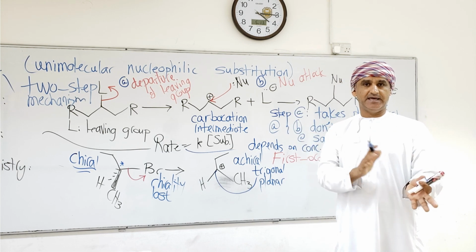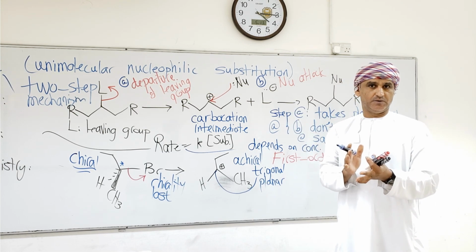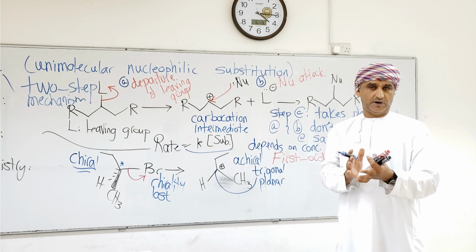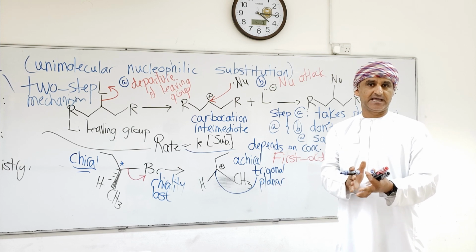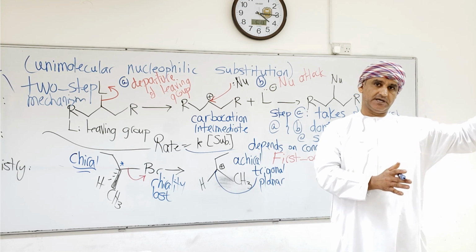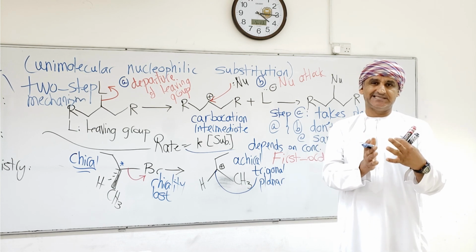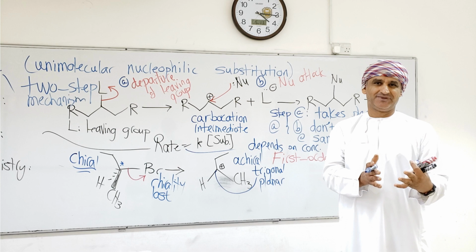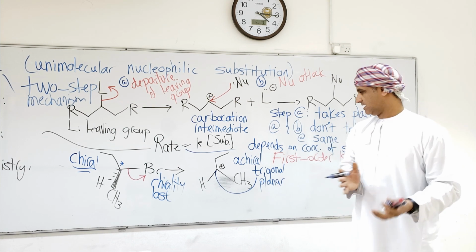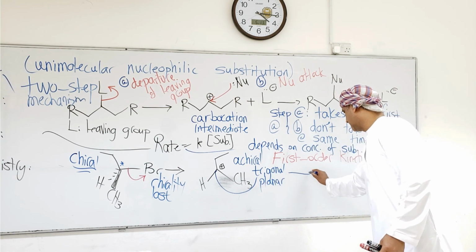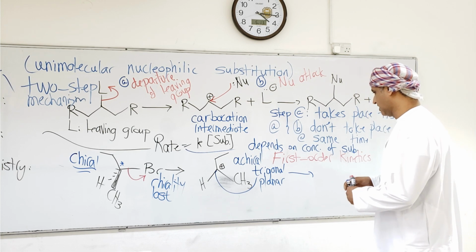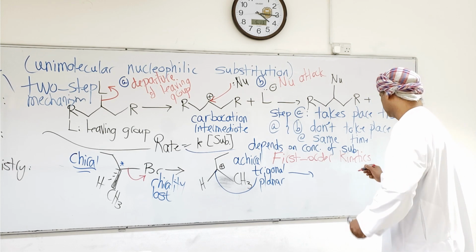So you get R as a result of one mode of attack, and S as a result of another mode of attack. So the result is a mixture of enantiomers, R and S. With the nucleophile attack, a mixture of enantiomers is obtained.